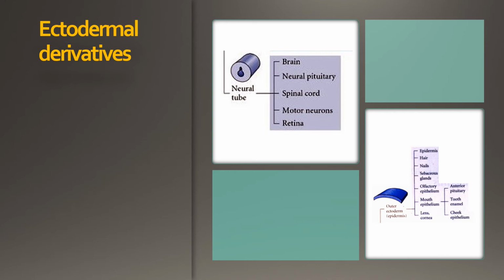The ectodermal layer gives rise to skin, hair, nails, sebaceous glands, sweat glands, olfactory epithelium, cheek epithelium, lens, corneal epithelium, anterior and posterior pituitary gland, tooth and enamel, gums, and the whole CNS is also derived from the neural tube, which is an ectodermal derivative.